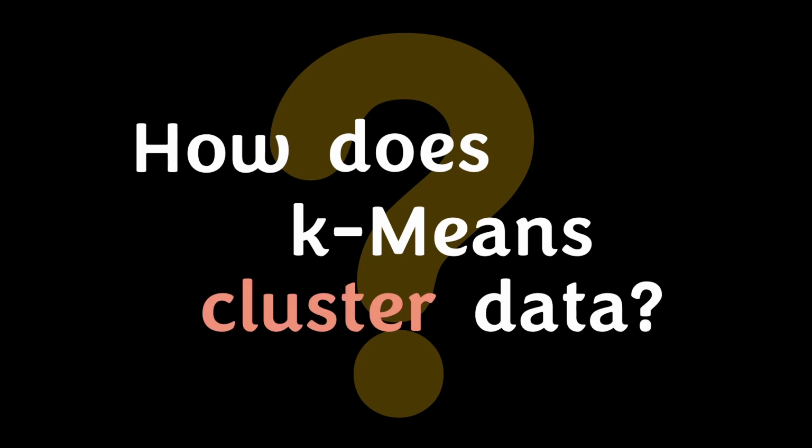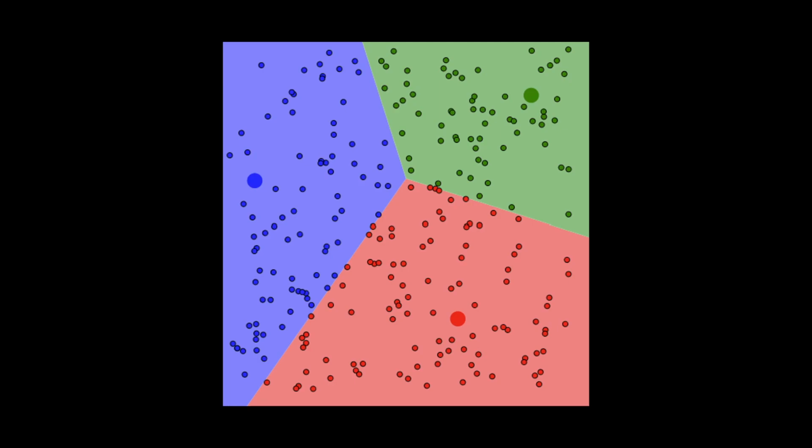So, how does the k-means algorithm cluster data? In the following steps, we want to show the k-means clustering algorithm as a practical example with three clusters. At first, we have a number of points with three randomly placed centroids or cluster centers. Each node is assigned to the cluster with the centroid that is the nearest to it.